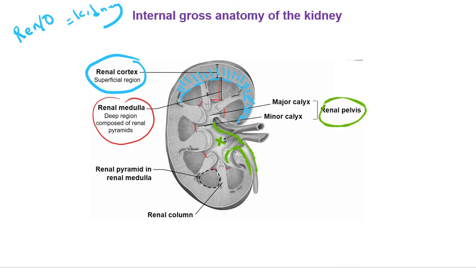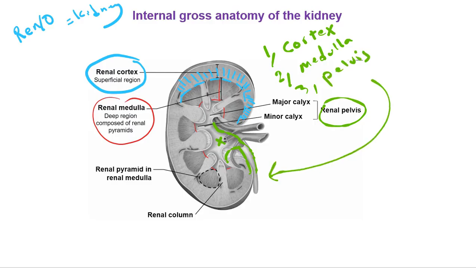One more time, we divided our kidney into these three regions. The outer or superficial region is called the renal cortex. The deep region is called the renal medulla. After the renal medulla, we have this funnel-shaped structure called the renal pelvis, after which the urine is collected and transported by our ureter.